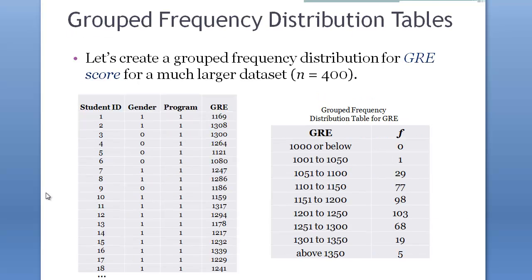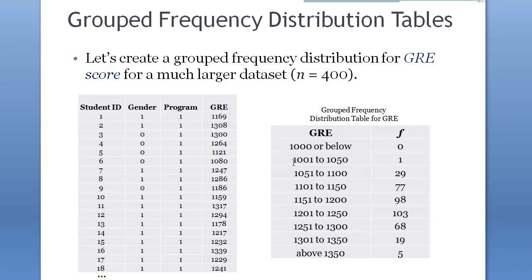A frequency distribution can also be a grouped frequency distribution. For example, the GRE score: 1,000 or below, nobody is in this category.